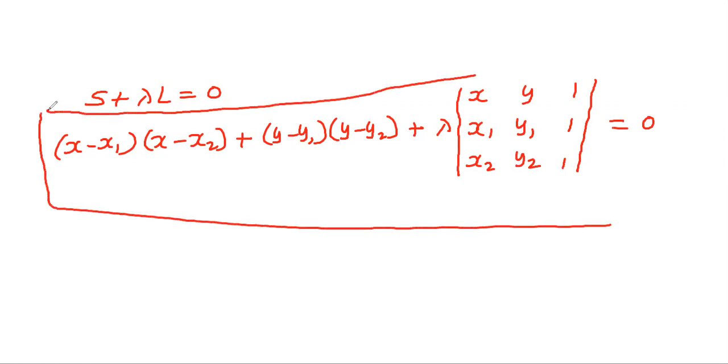We can say that this is a formula. Suppose now something else is given. It's given that one point is given and one line is given.